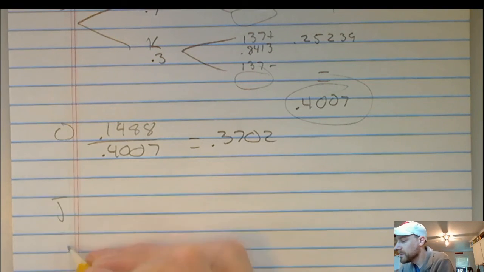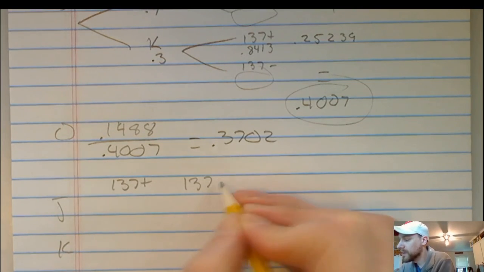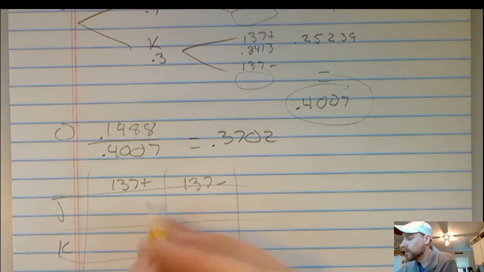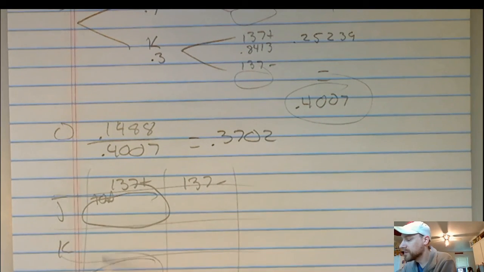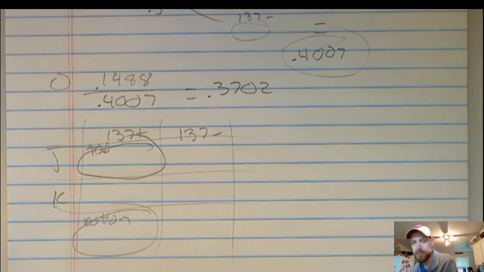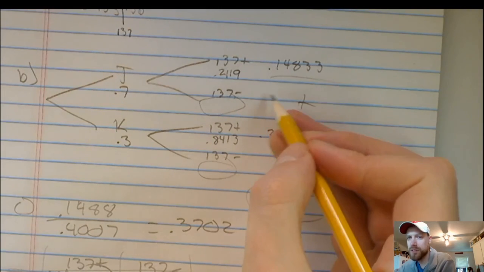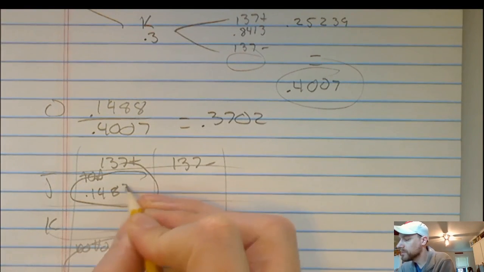We could think of this as a two-way table as well if we wanted to. Let's have J and K and 137 plus and 137 minus. And what we want to do is take this is going to be the top and this is going to be the bottom of our fraction. We know this was 0.14833.